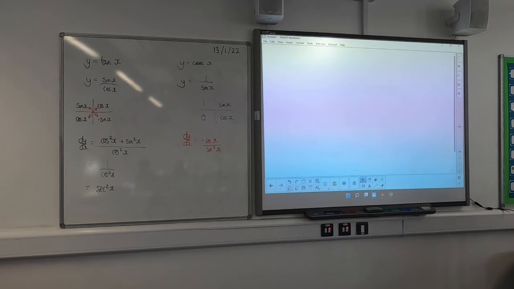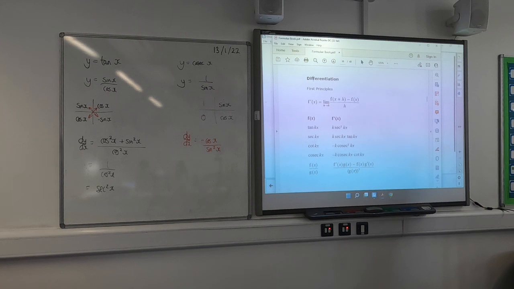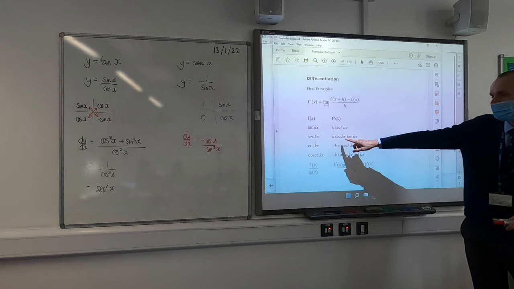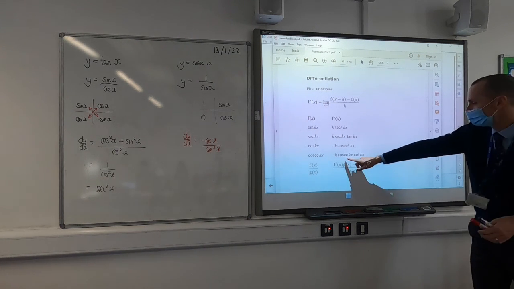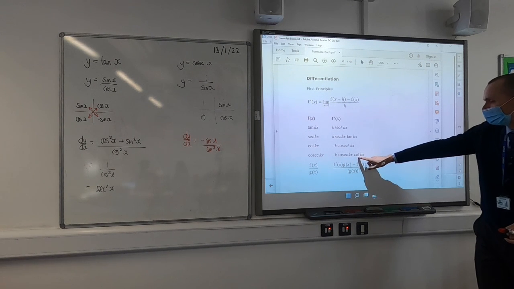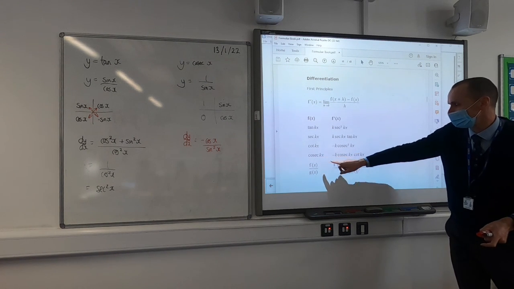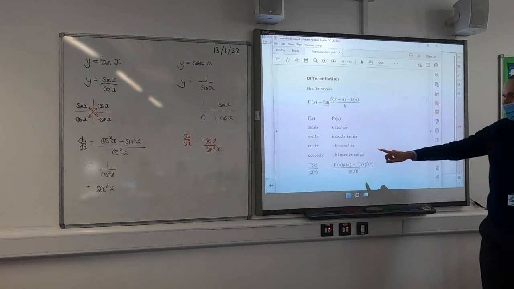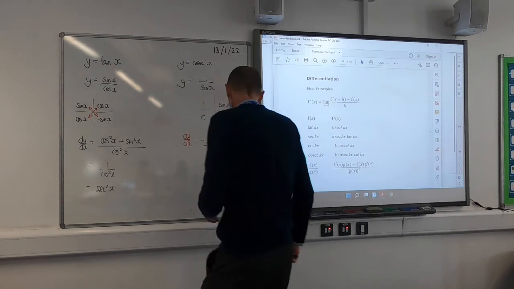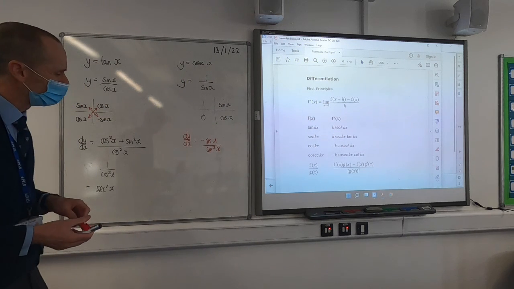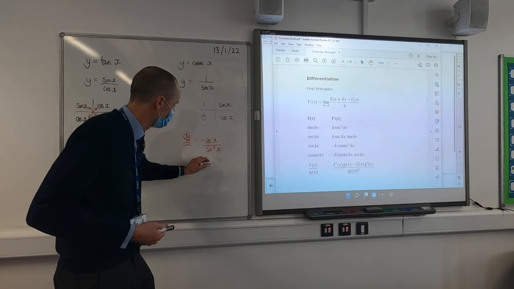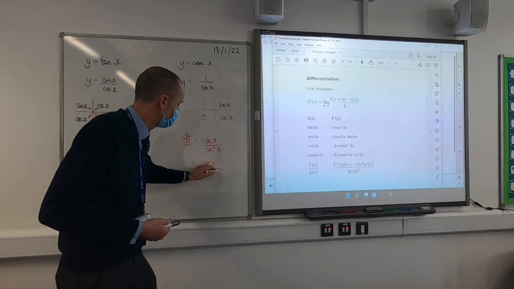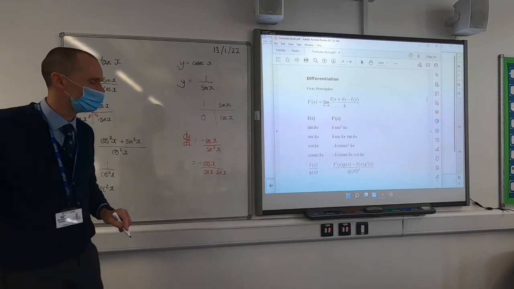Now if I go back to the formula book, I'm fairly sure that cosec is there. It's written as cosec x. There's no k, so we don't have to worry about that. So it's minus cosec x cot x. Is that what we've got here? Well, let's write the sine squared as sine times sine. That's what sine squared actually means.